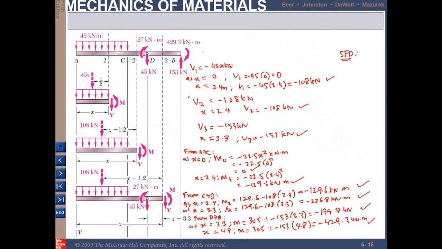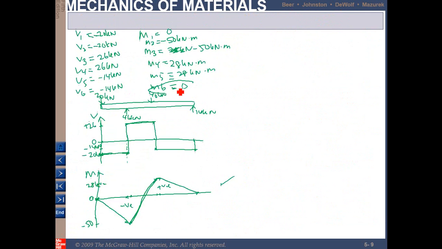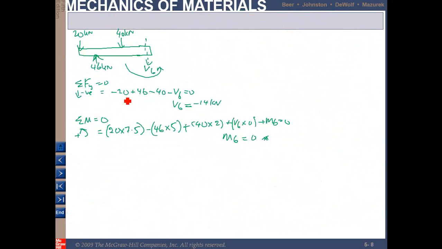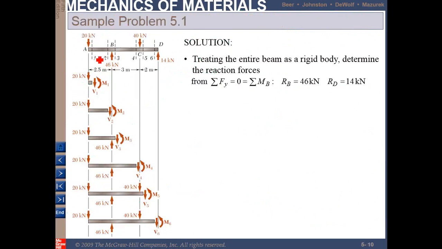We did that like this example. So this is the classic way in order to find at each point what is the shear force V and what is the bending moment, M1, 2, 3, 5, 6.